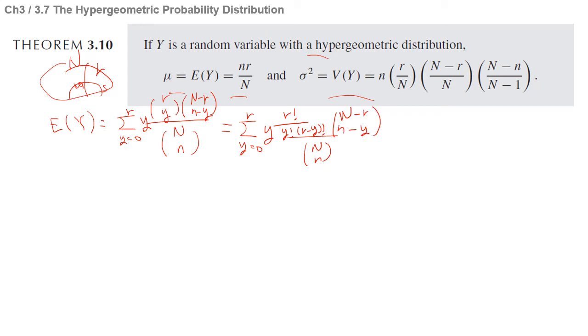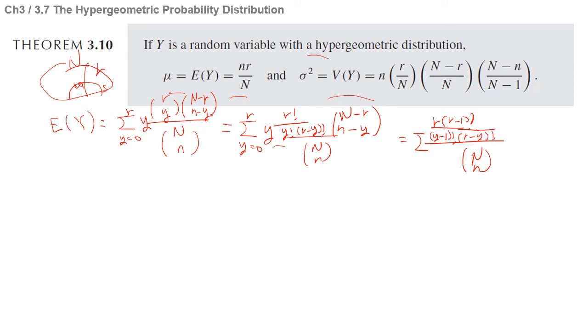Okay, here this y can be cancelled, so we get y minus 1 factorial, and this one can be r times r minus 1 factorial, and this part is r minus y factorial.